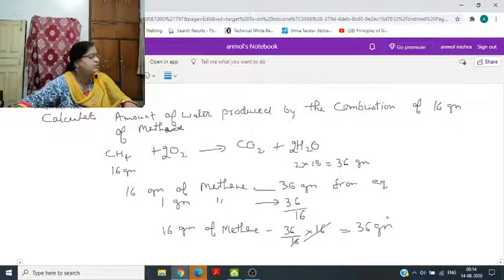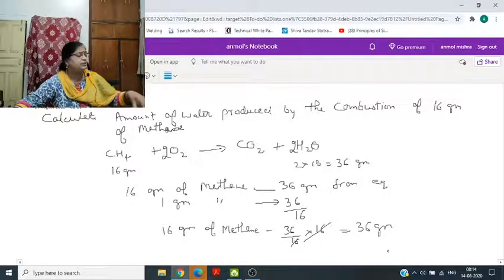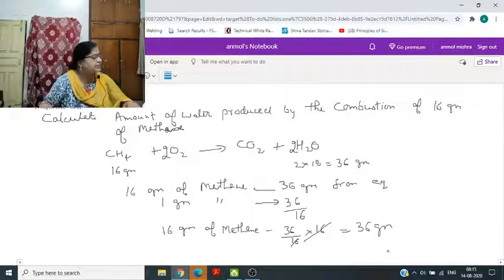So same here also. Second, we'll take an NCERT example only. This is NCERT example 1.7.